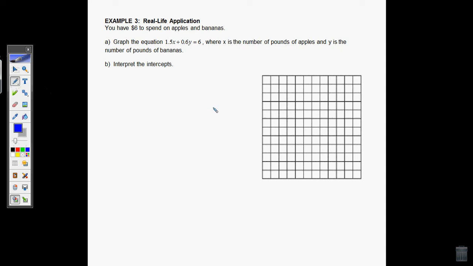So let's go for it. I have 2 different pieces of information. I'm going to put in where y equals 0. I'm going to put in where x equals 0, because that will give me the x-intercept and the y-intercept. And let's go.